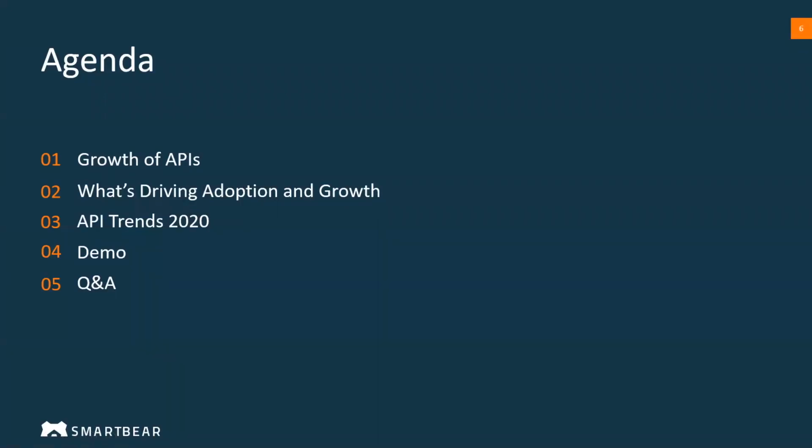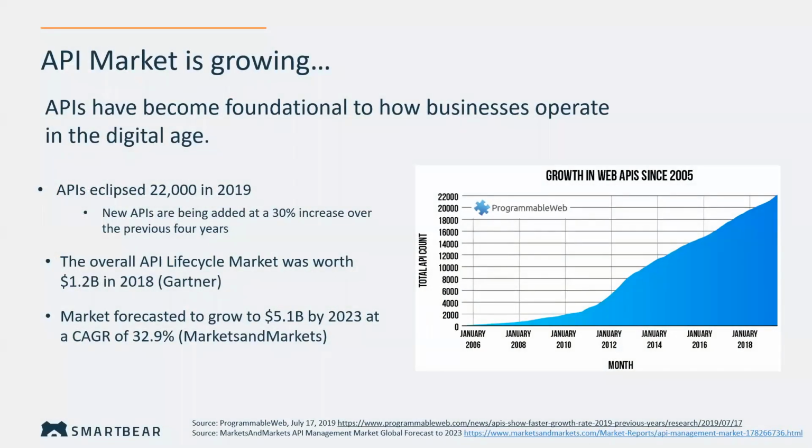We're going to take a look at some of the predicted trends for APIs in 2020. And then we'll be taking a look at a demo of some of our API readiness tools, so some testing tools and design tools, and then we will wrap up with a Q&A. If anybody does have any questions they want to hold on to till the end of the session, by all means do, and we will tackle them towards the end.